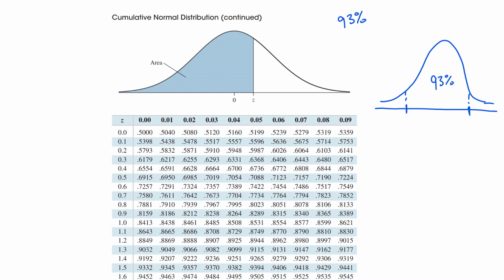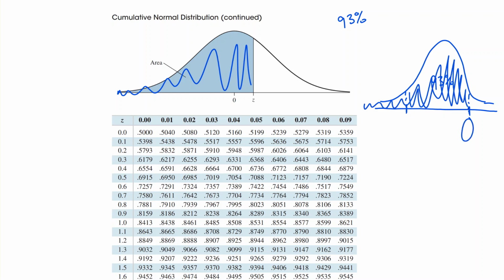But this chart only gives you all the way to the left up to that point. So the chart doesn't just give me this middle section. Instead, it gives me all the way to the left up to this point. So in order to visualize that, I need to realize that the remaining 7%, and we're going over this a little bit fast because we've seen this in previous videos, you can go back and watch it in more detail, is split halfway between here and here.